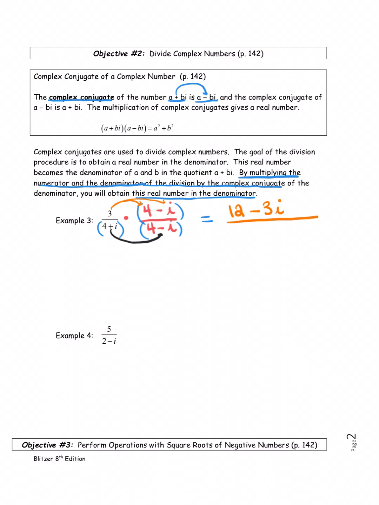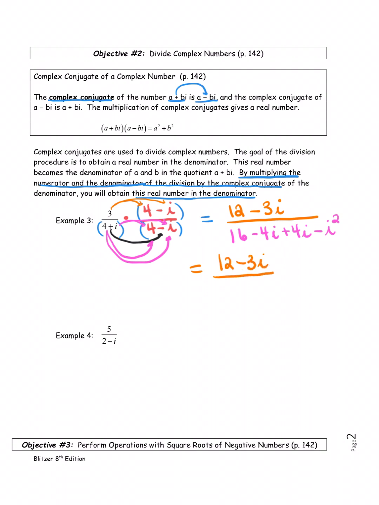Our denominator we have is 4 times 4, which is 16. 4 times -i is -4i. i times 4 is positive 4i. And i times -i is -i squared. So our numerator is still 12 minus 3i.